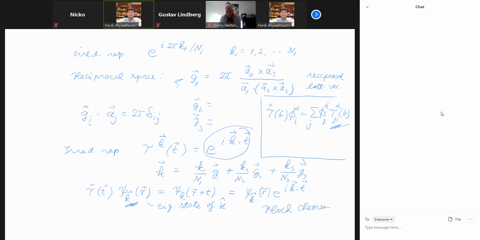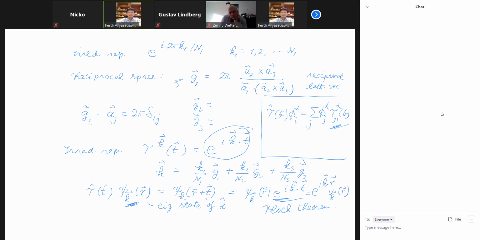So it tells us that if we translate the coordinate by some translation vector t, then it is exactly the same eigenstate, but multiplied by a phase factor. So actually you can also write this as plane waves times some periodic function.